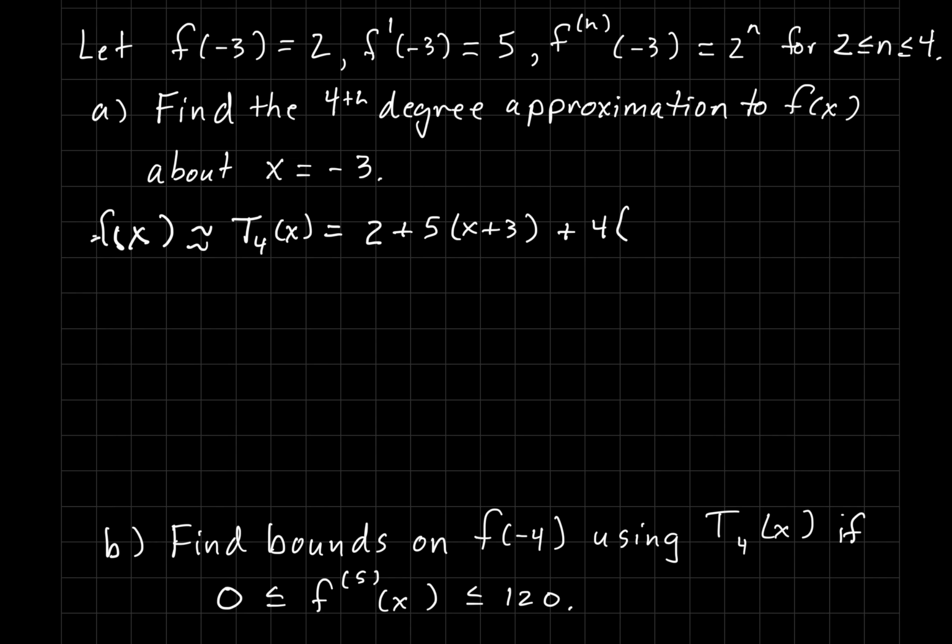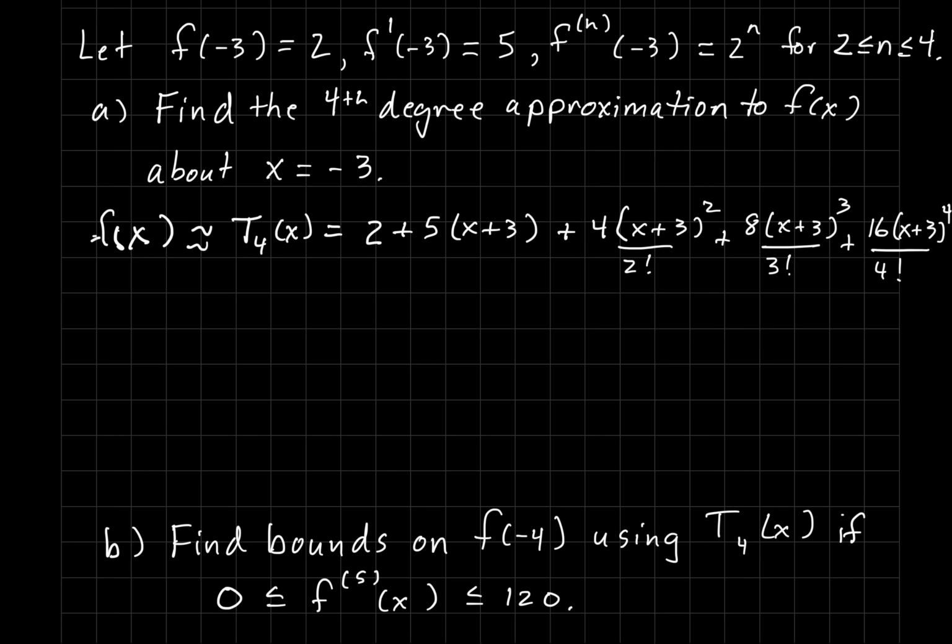So 4 times x plus 3 squared over 2 factorial plus 2 cubed times x plus 3 cubed over 3 factorial plus 2 to the fourth times x plus 3 to the fourth over 4 factorial. And we could simplify that, but I will leave that as is because I have found a fourth degree approximation to f about x equals negative 3.